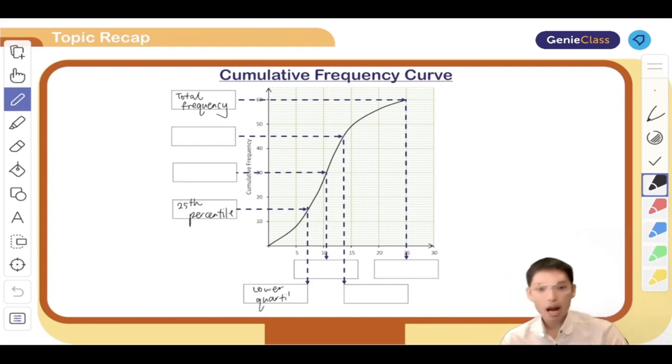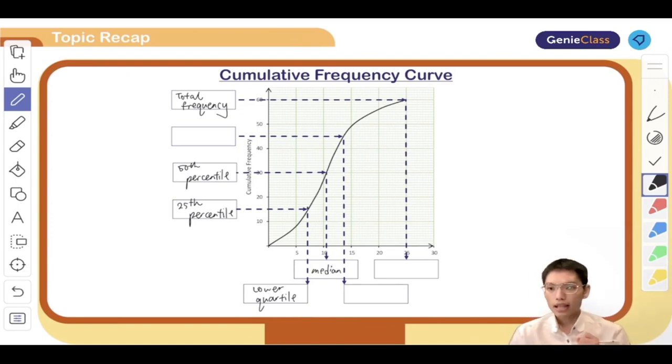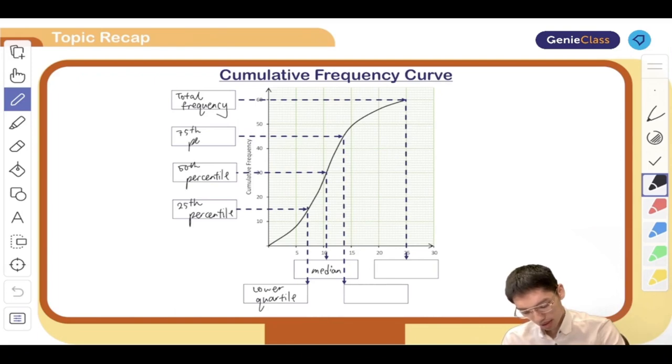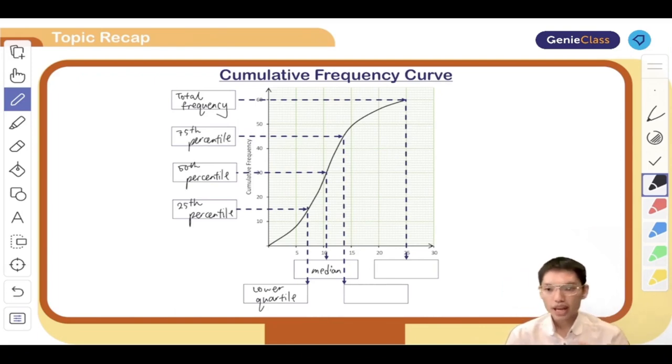If I bring it up halfway, I'm looking at the 50th percentile, which is the median. And next, the upper quartile is at the 75th percentile.